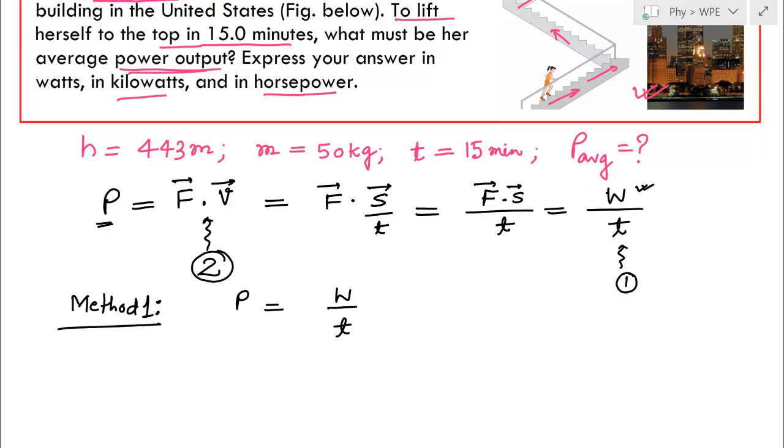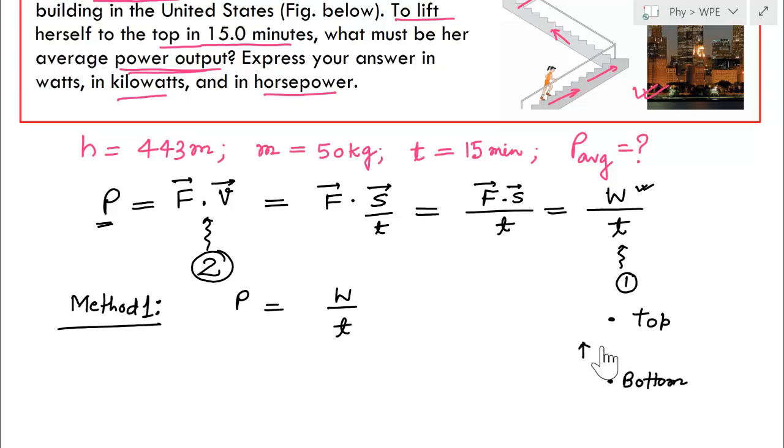So how much work she has to do when she is going from bottom to the top of this tower. So this is bottom and this is top of this tower. So how much work she is doing? So basically she is applying a force against mg.